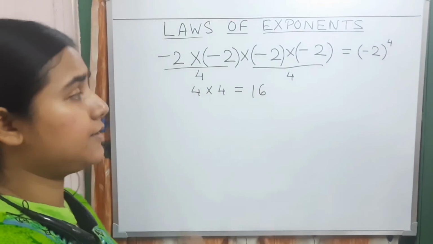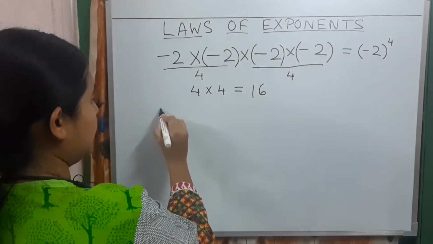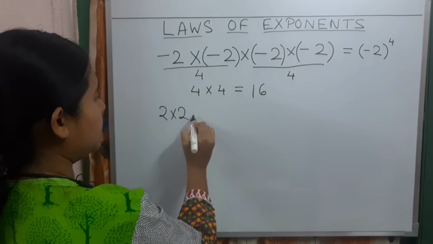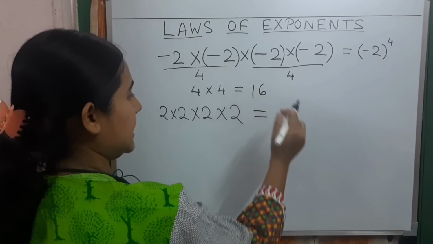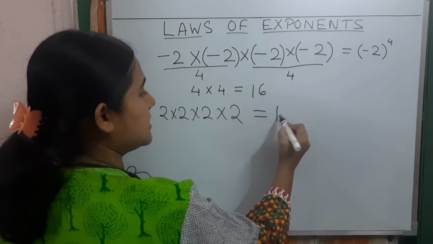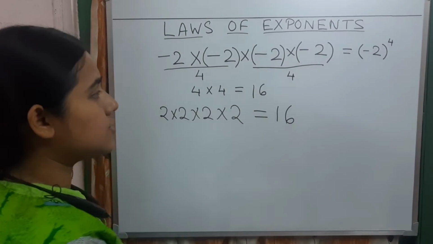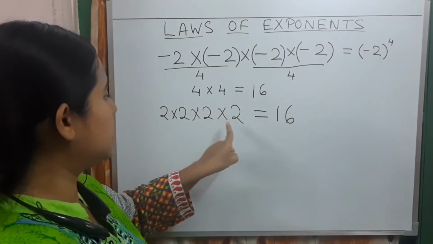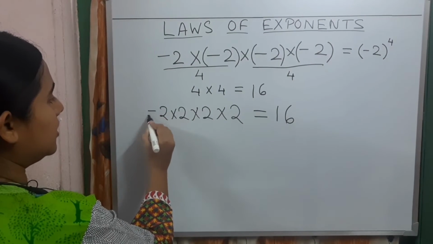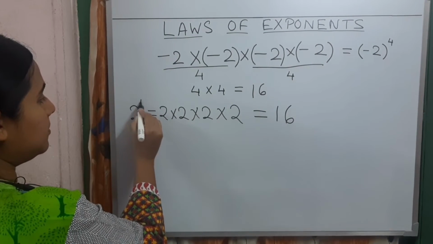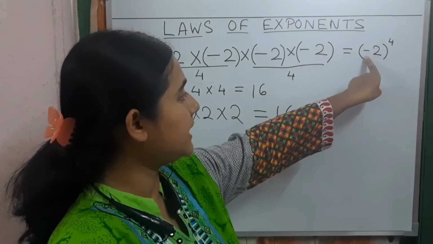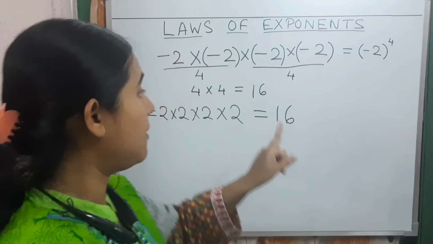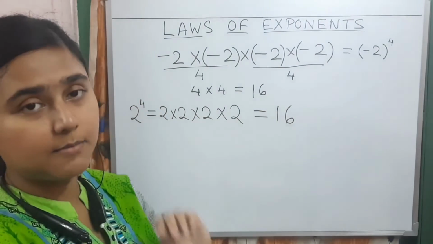And if I give you a question like 2 into 2 into 2 into 2, then also you will get 16. So this question is nothing but 2 whole to the power 4, but this question is negative 2 whole to the power 4, and we are getting the same answer.